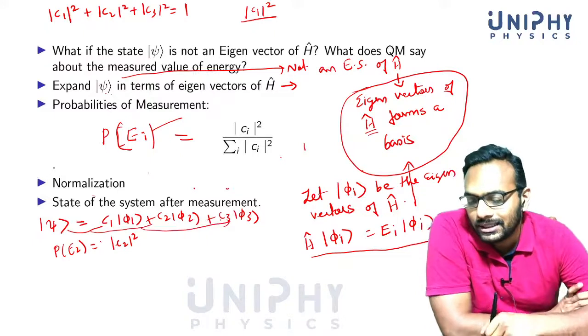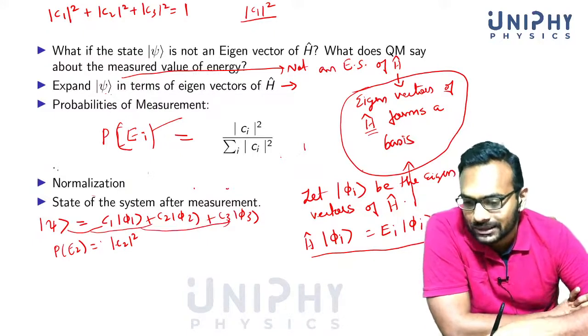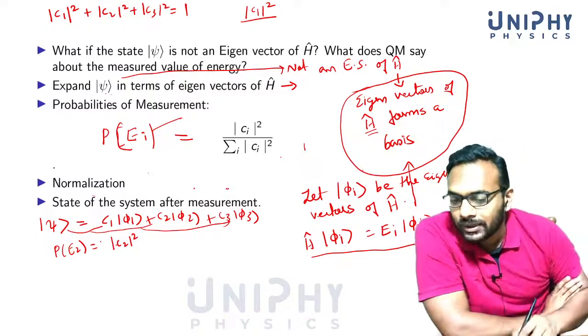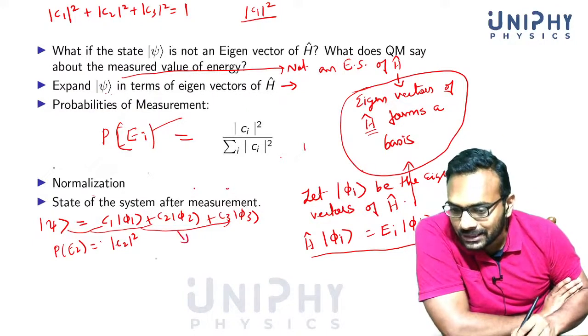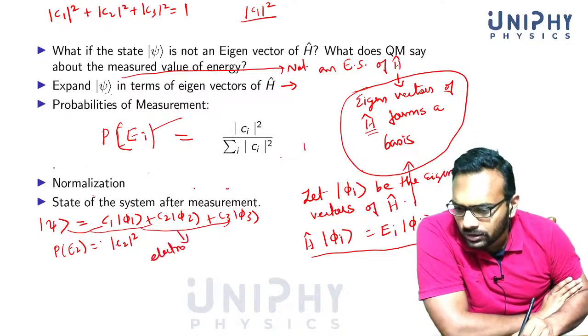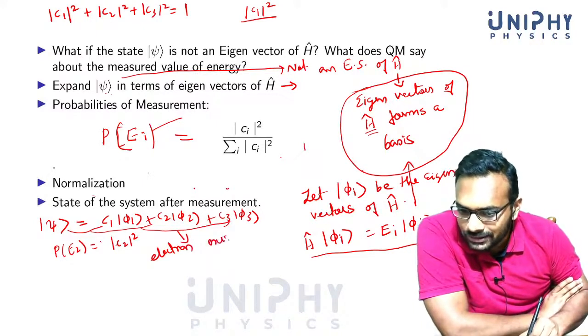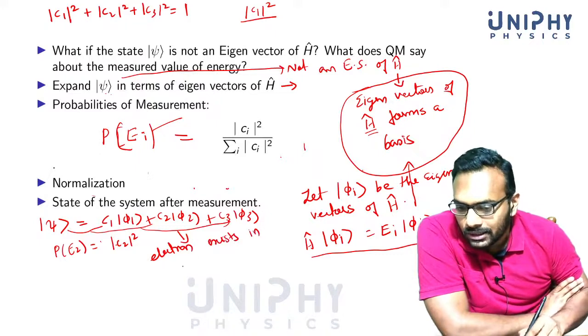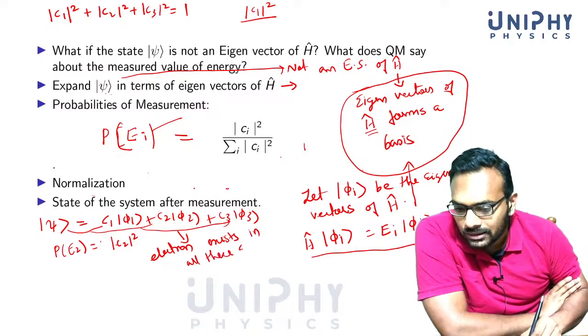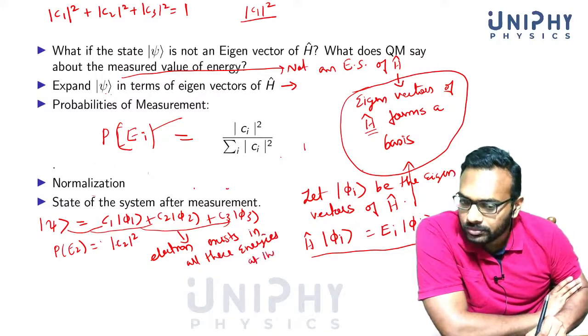In the language that we chose from the beginning, we can say that if this is the state of an electron, then the electron exists in all three energies at the same time.